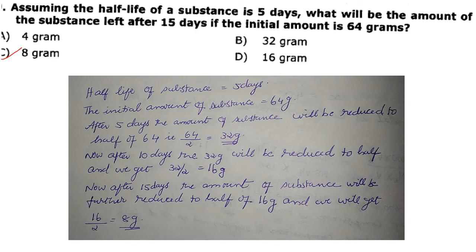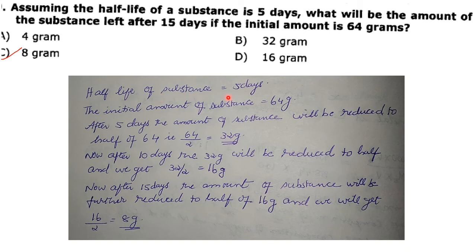Then next one. Assuming the half-life of a substance is 5 days, what will be the amount of substance left after 15 days if the initial amount is 64 grams? So half-life of a substance is the time in which the substance is reduced to 1/2 of its initial value. So here the amount of substance will be reduced by 1/2 after a half-life period.